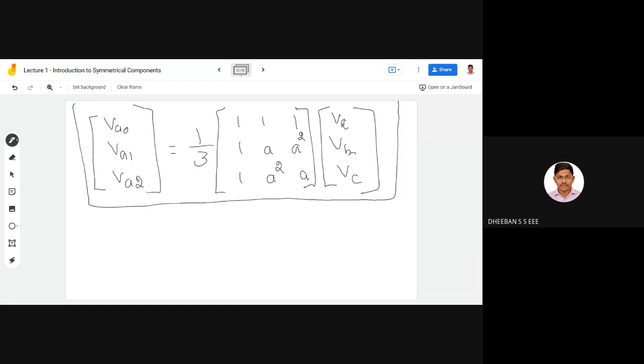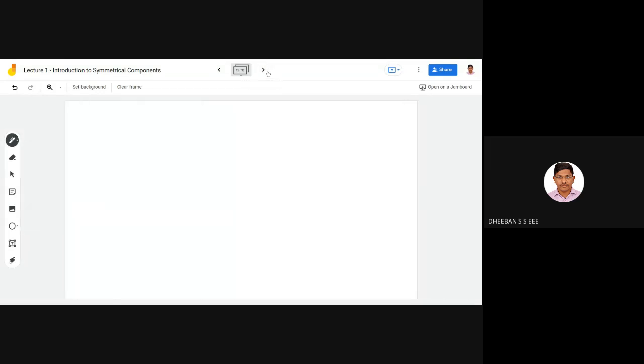And next we will be seeing the conversion of the currents. The current conversion is also the same; exactly the same is applicable for the current conversion also. So you have to know about this. For current, first you will be writing the unbalanced current.